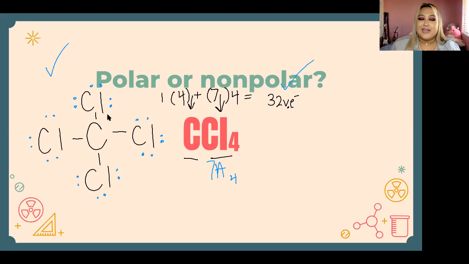So this pull would be this, right? And the numerical value of the difference in electronegativity would be the same here, so they would cancel out. It's kind of like adding vectors in a sense.